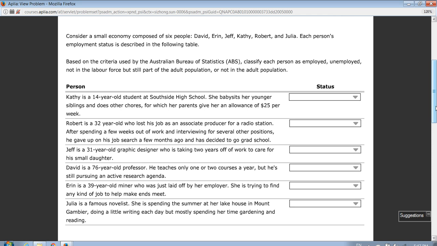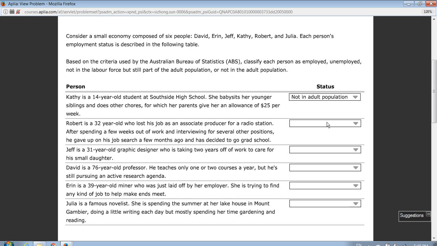She babysits her younger siblings and does other chores, for which her parents give her an allowance of $25 per week. So Casey is only 14 years old, so she is not considered an adult, so not in the adult population.